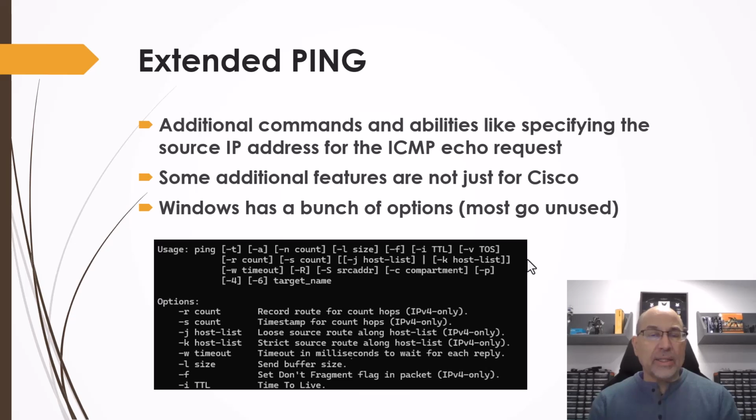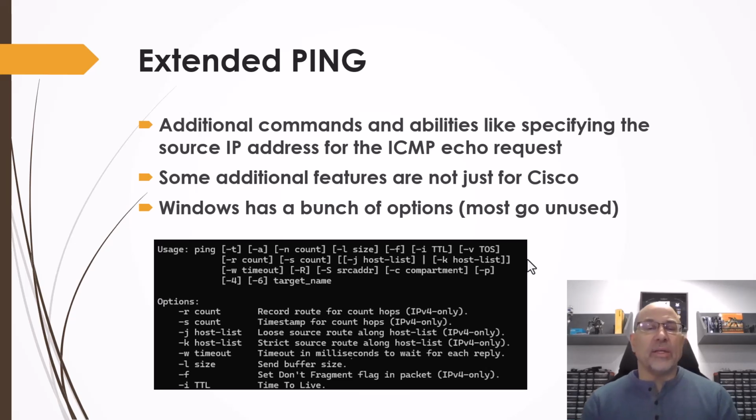But that leaves out some troubleshooting steps that you might take. So the extended ping gives us the ability to specify connectivity to any one of the router's addresses. So you can substitute a different source IP for the ping. And I'll show you what that means here in a minute.